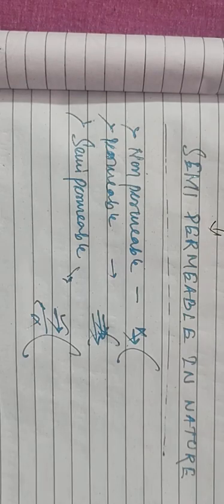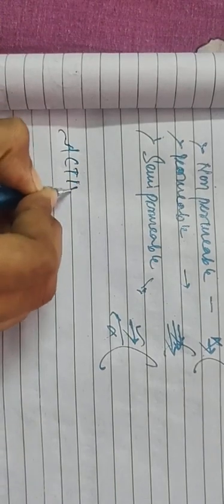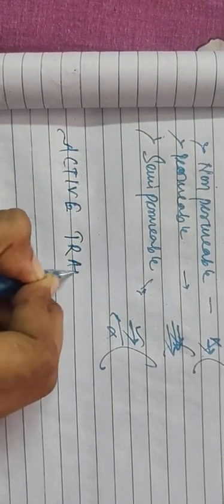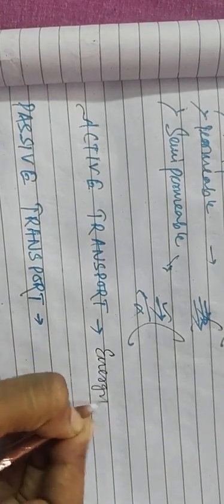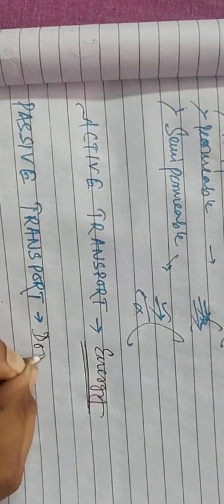Next, there are two types of transport: active transport and passive transport. What is the meaning of active transport and passive transport?